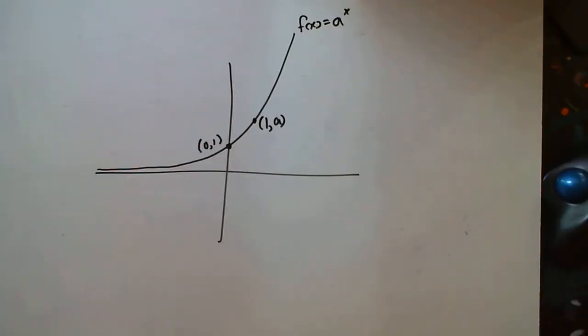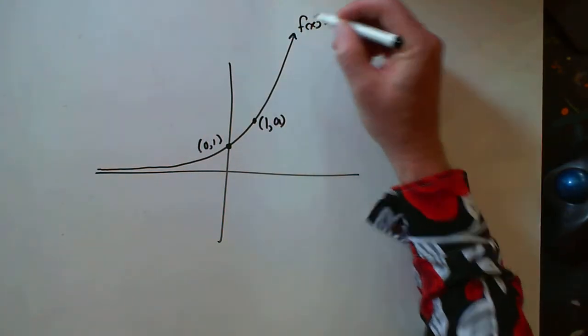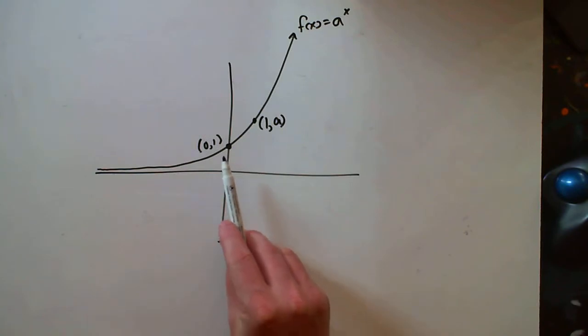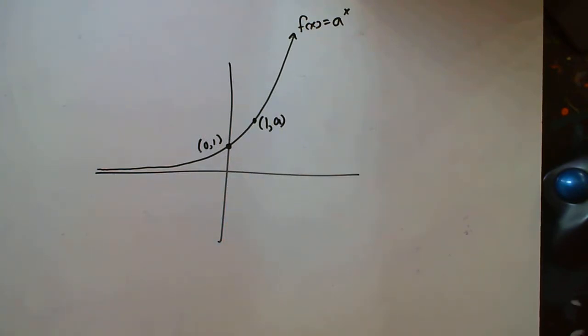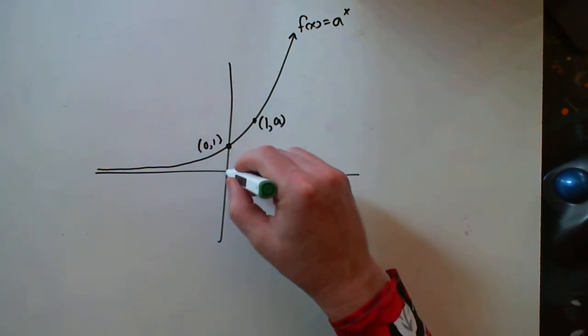f of x equals a to the x. Here is the graph of what an exponential function looks like. Remember that we had two important points on this graph: the point (0, 1) and the point (1, a). When we initially studied the idea of an inverse function, we said that inverse functions are symmetric about the line y equals x.